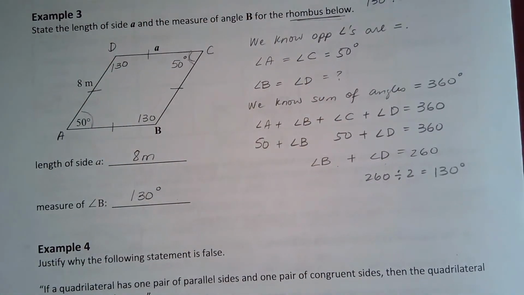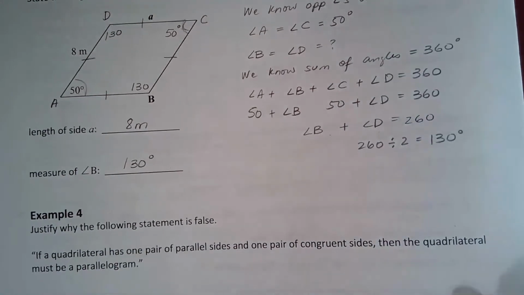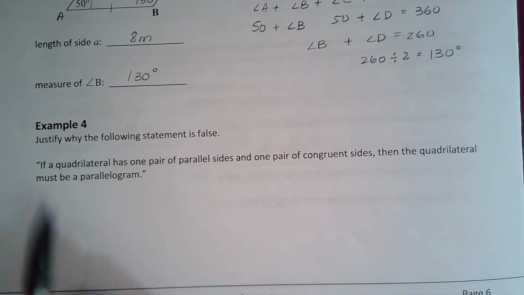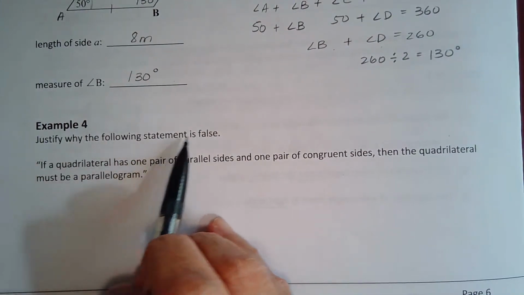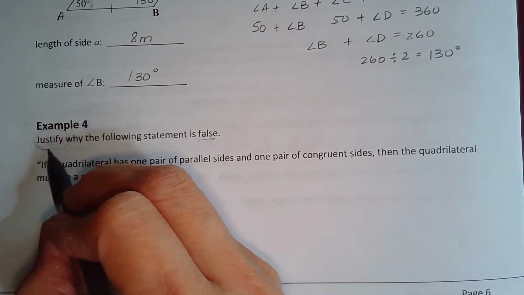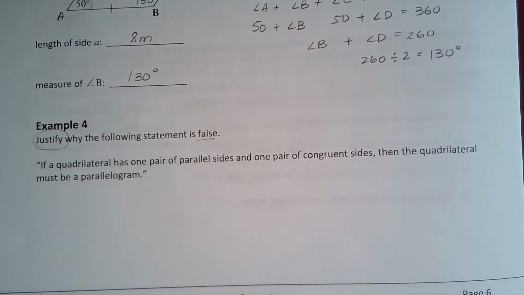That's great. We're at the very last one and we made it to the end of the class. It says here, justify why the following statement is false. The word justify means to state a reason why this is false.